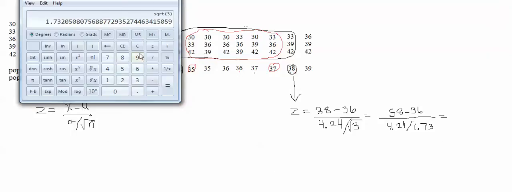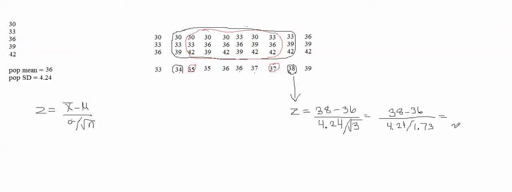Let's divide 4.24 by 1.73, we get 2.45. So it's 38 minus 36 over 2.45.